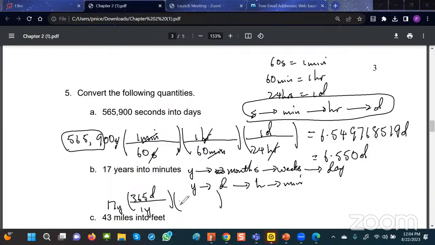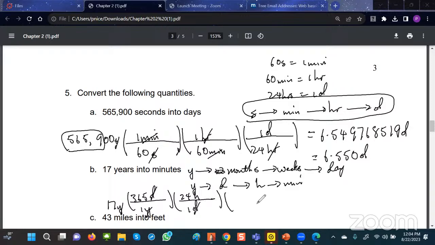What's the next conversion factor, going from days to hours? What goes up top and what goes below? 24 hours above, 1 day below. Very good. By the way, this will cancel out with that, and that will cancel out with that.